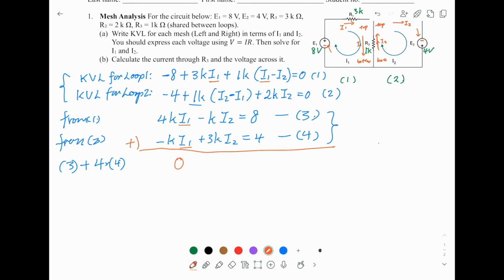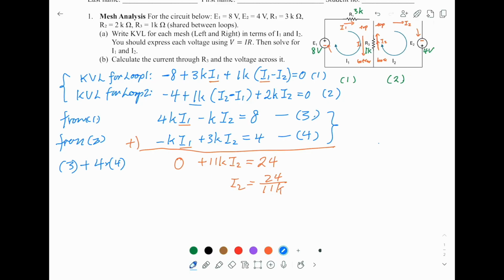How about I2? So I2, you can say the coefficient is minus 1, positive 3, but 3 times 4 is 12. 12 minus 1 is 11. So you will get positive 11k I2, and here you will get 24. From here, I2 equal to 24 divided by 11k.